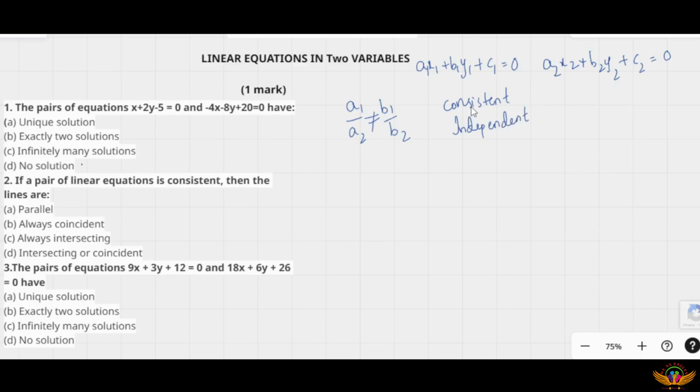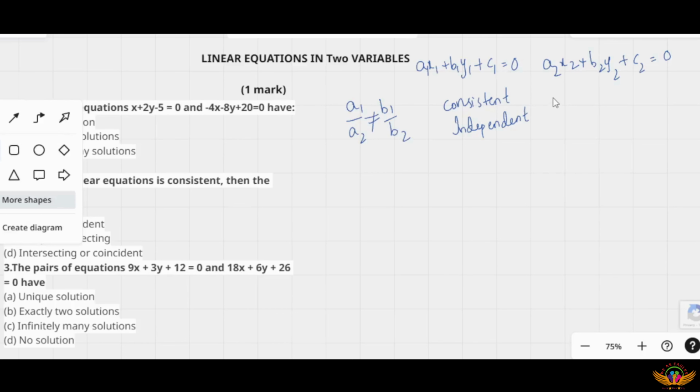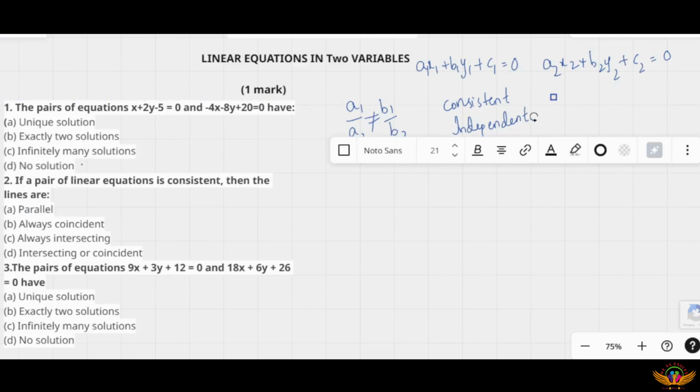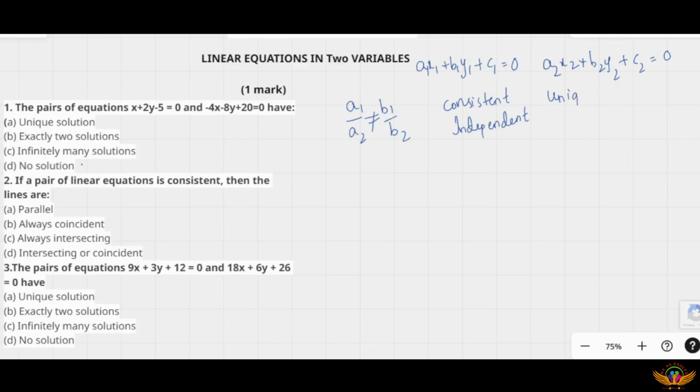When it is consistent and independent, it has a unique solution. Unique solution means exactly one solution.